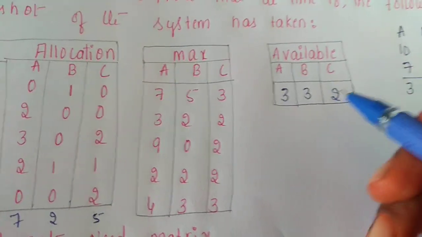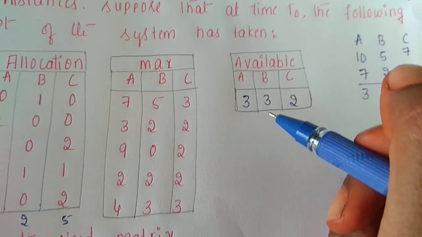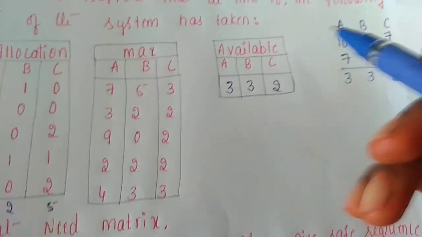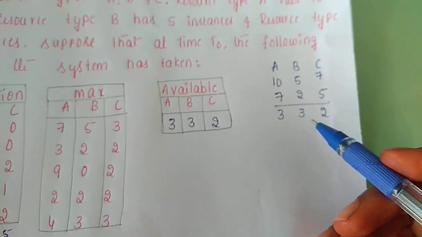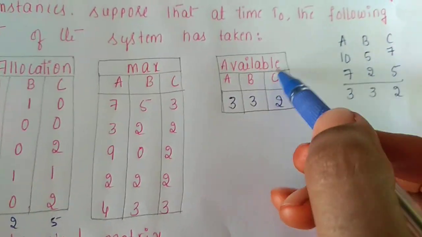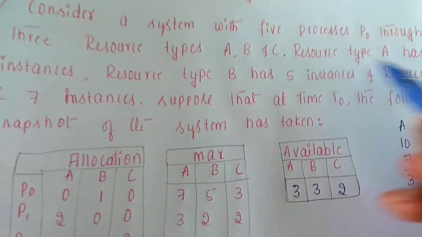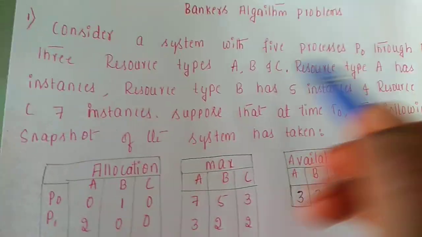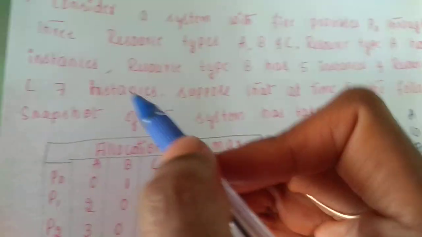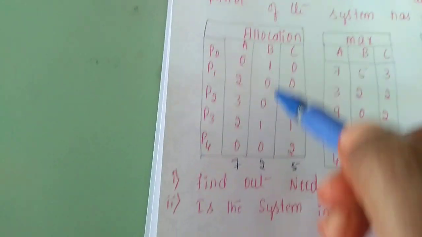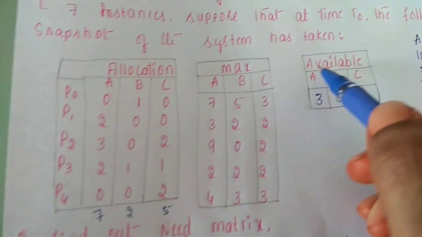Actually this is the question part only. So why did I calculate this way? Sometimes you will not be given the available part. You will be given A is 10 resources, B is 5, C is 7 instances, and you will be given the allocation matrix, but not this part.